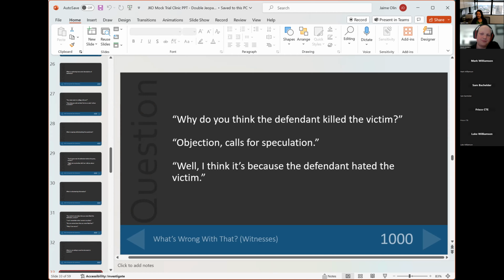Could you potentially say it was common knowledge that the defendant hated the victim? Yeah, and I think it would depend on whether you're on cross or on direct. If it's a question that you want to answer because you're on direct, then I think that's a really good way to answer it, is just, it's not speculation. Everybody knew this.